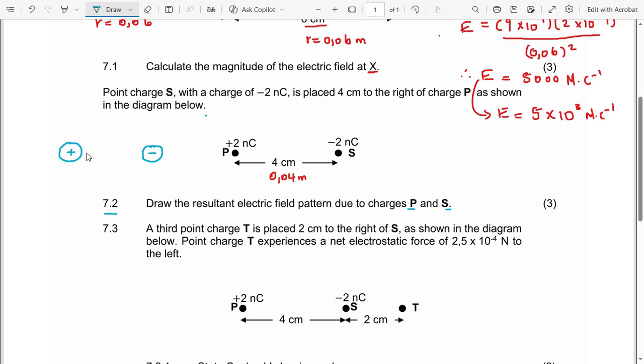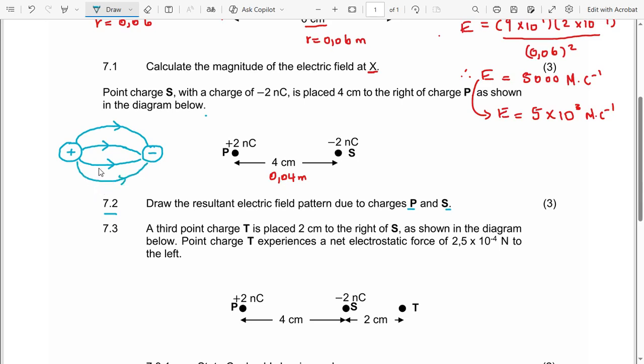So if this is a positive charge, they will point away. I'm going to draw a line like this, and then I can show with an arrow that we are moving from positive all the way to negative. I'm going to use arrows. So they move from positive to negative. I can keep on making the lines with the arrows.